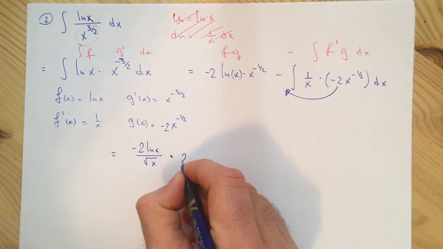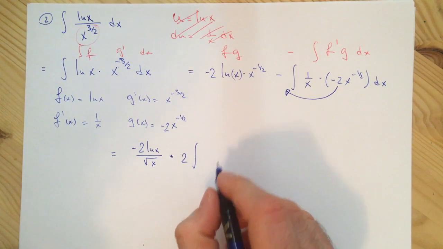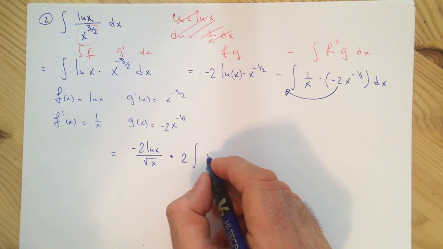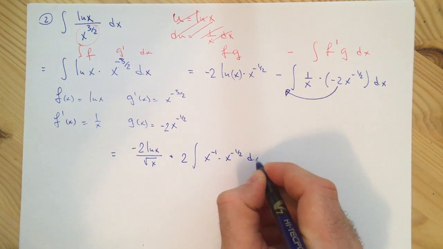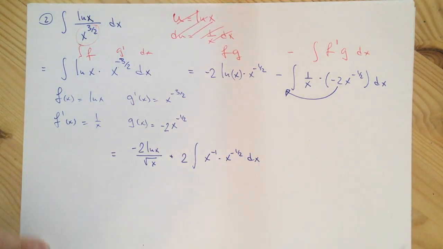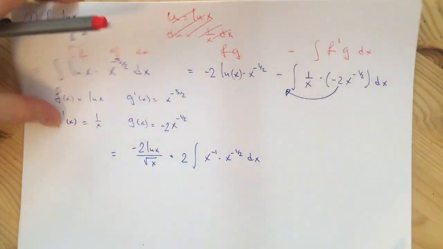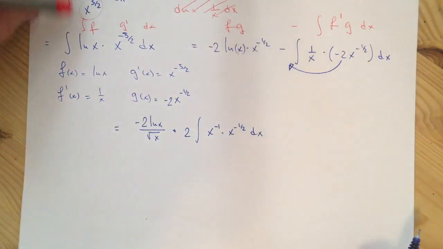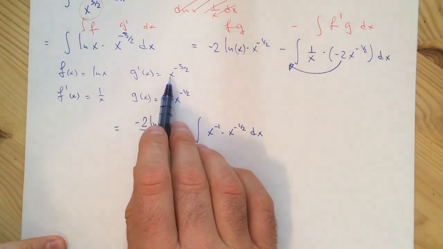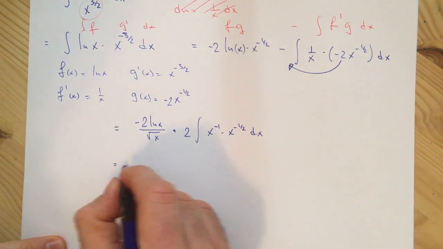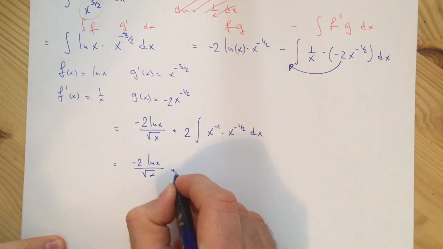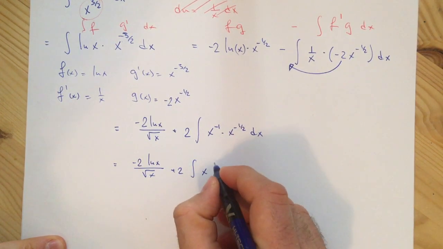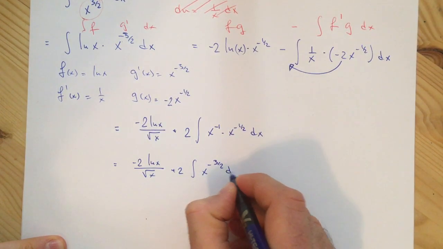So I have plus 2 times the integral of x to power negative 1 times x to power negative 1/2 dx. This is just x to power negative 3 over 2. And as a matter of fact, we have already evaluated that integral here. So this is negative 2 ln of x over square root of x plus 2 times the integral of x to power negative 3 over 2 dx.